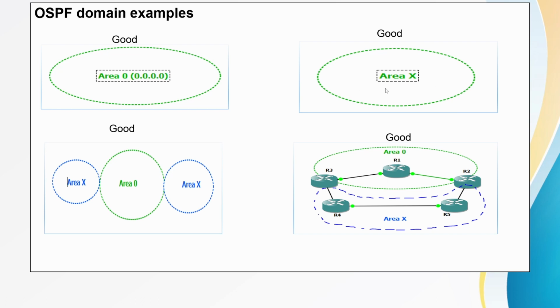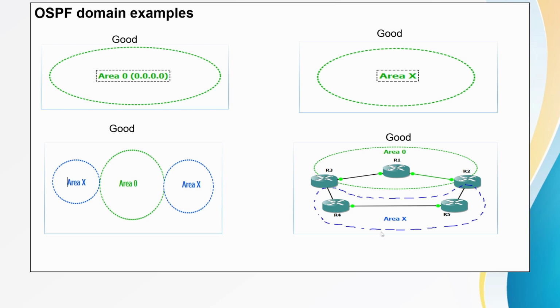That's also correct. That works. The third diagram here is also good. There are three areas. Area 0 connects to two areas. Even though these two non-backbone areas have the same area number, that looks odd, but that works.